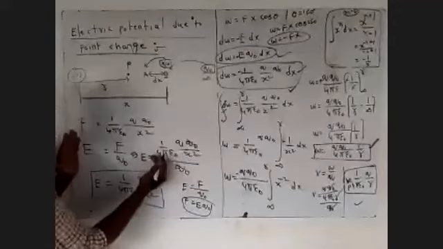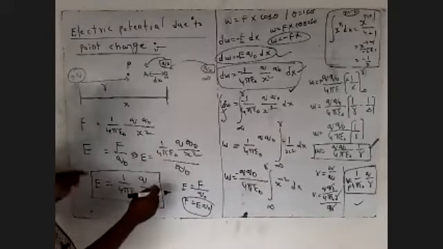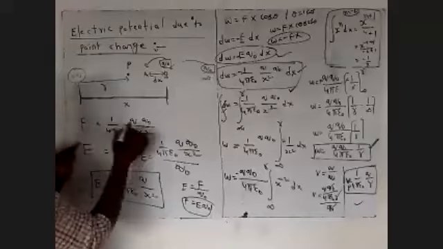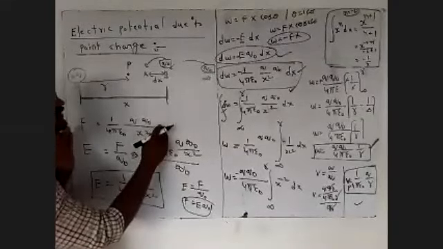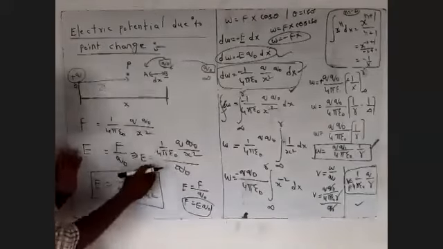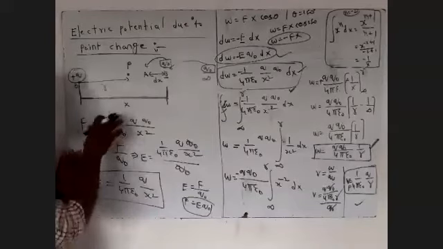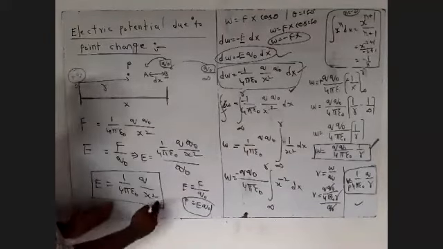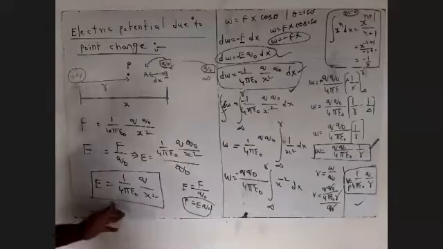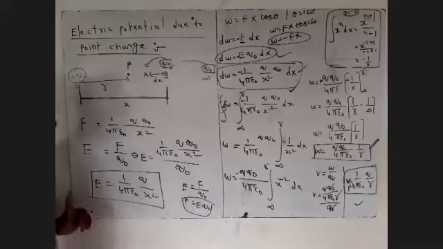Next we have the relation between the intensity of electric field, force and charge. We already calculated the force, so we put it in this equation and get the electric field between the two charges. This is the electric field at point B.